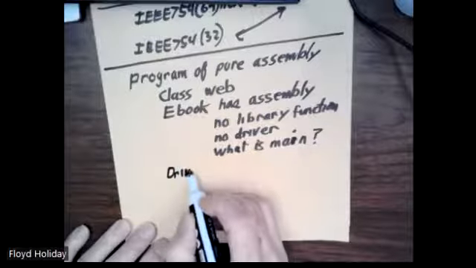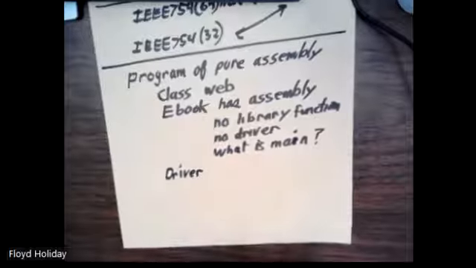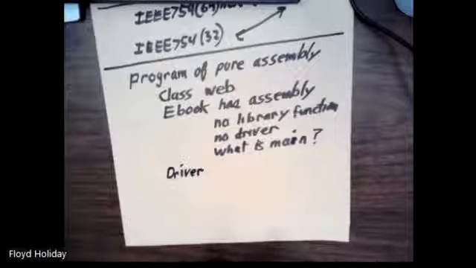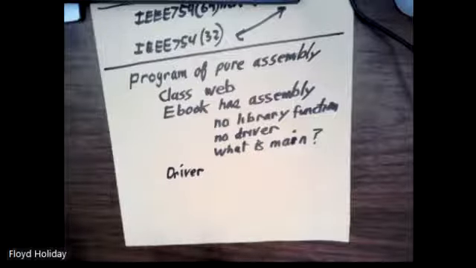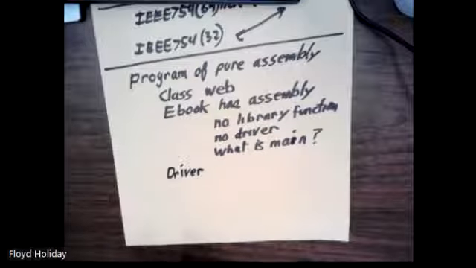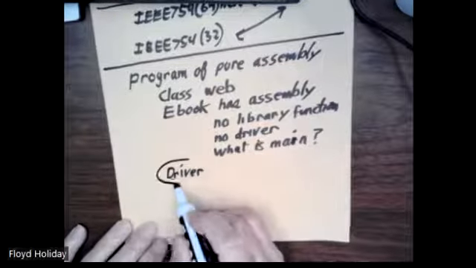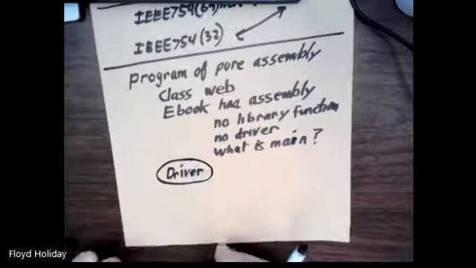A driver is a little program that allows you to connect one piece of hardware with another, like plugging in a USB stick. Once it gets plugged in, a device driver takes over and enables your program to save files on the USB drive.